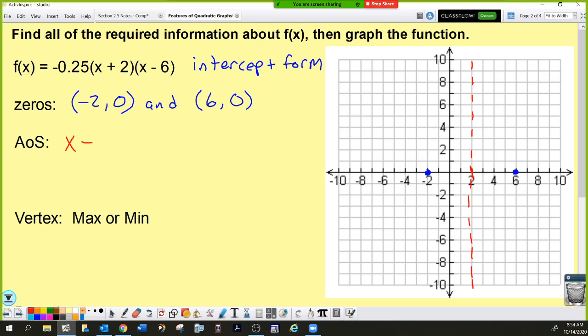Or you could use the formula, (p plus q) divided by 2, just to demonstrate the formula. So you can see it works. Yeah, it hits x equals 2.